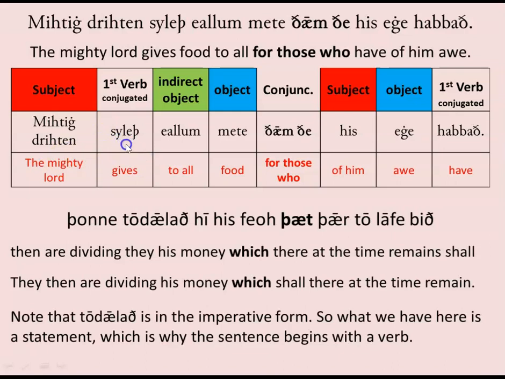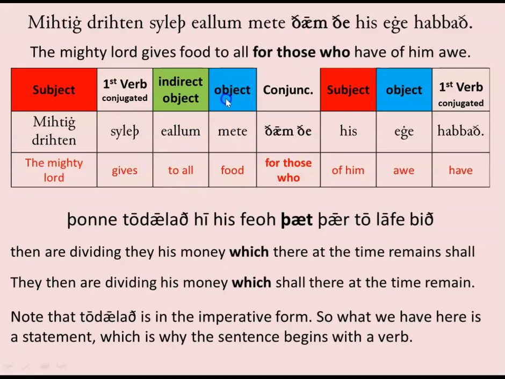Erlum, now this is the indirect object in the dative. The um ending tells us it's in the dative. So when you translate the dative, you put a preposition in front of it. In this case, the word to is the appropriate word. To all. El is all. Erlum is dative, so to all.